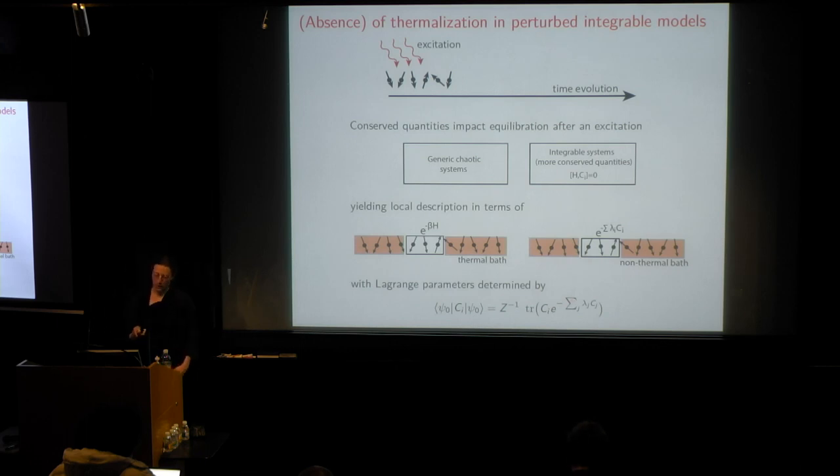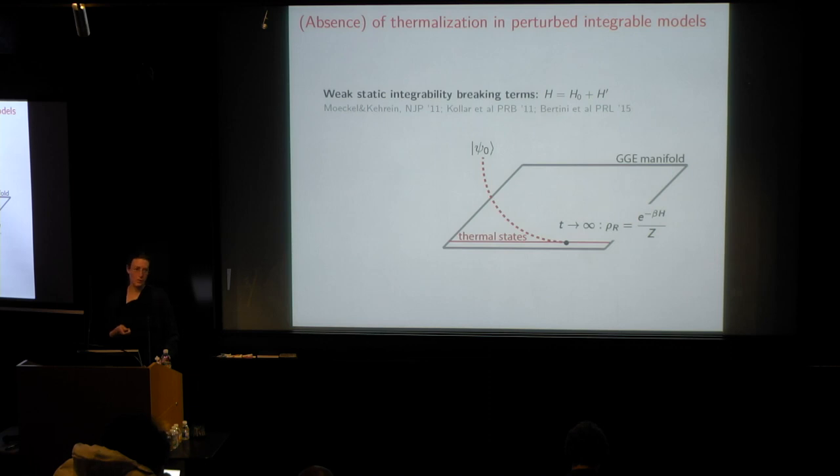And we know how the story goes when we add integrability breaking, and here I mean static integrability breaking. Since the full Hamiltonian is not integrable, at very long times the system will eventually locally thermalize and become thermal with respect to the full Hamiltonian.